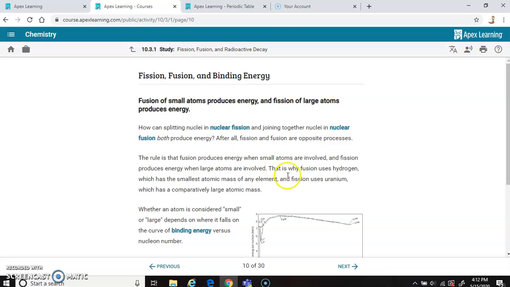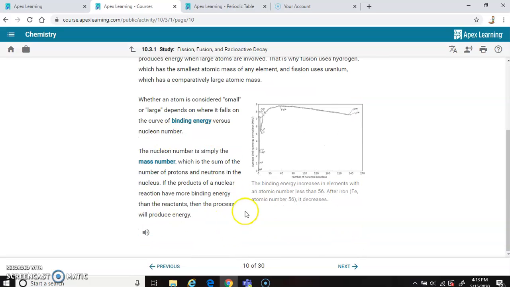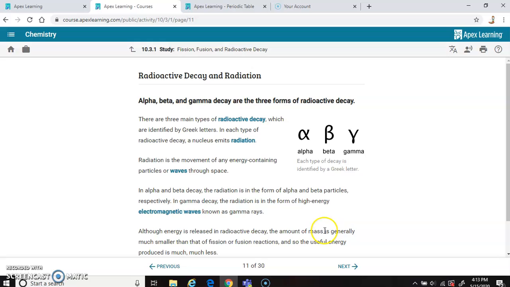When you have fission, it's producing energy when large atoms are involved, like uranium and the elements at the really bottom of the periodic table. Those bigger atoms are going to break apart in fission, and they'll produce more energy then.